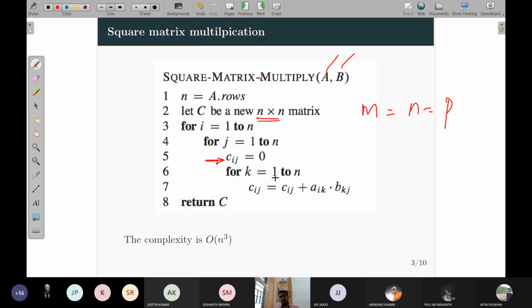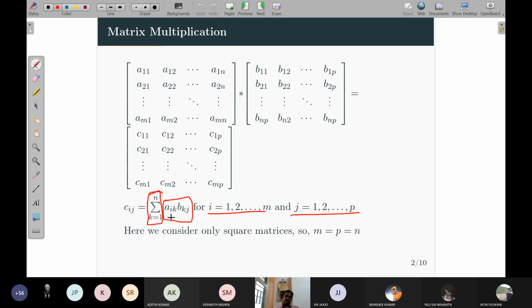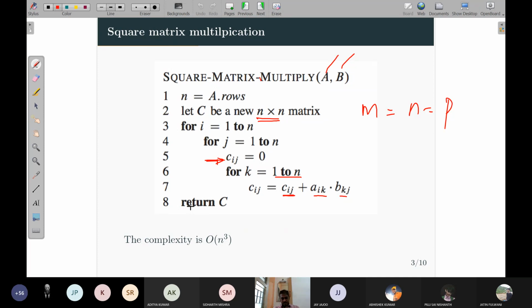And k will also run from 1 to n because it's a square matrix. Cij is equal to the existing Cij plus Aik Bkj, the same formula. So this is how you multiply two square matrices.